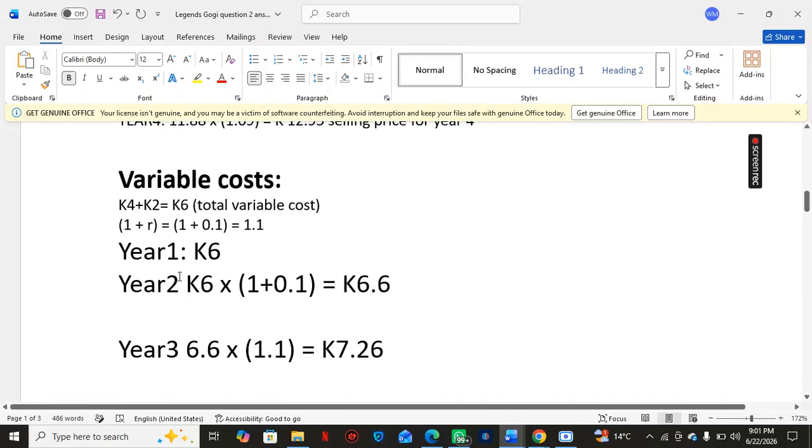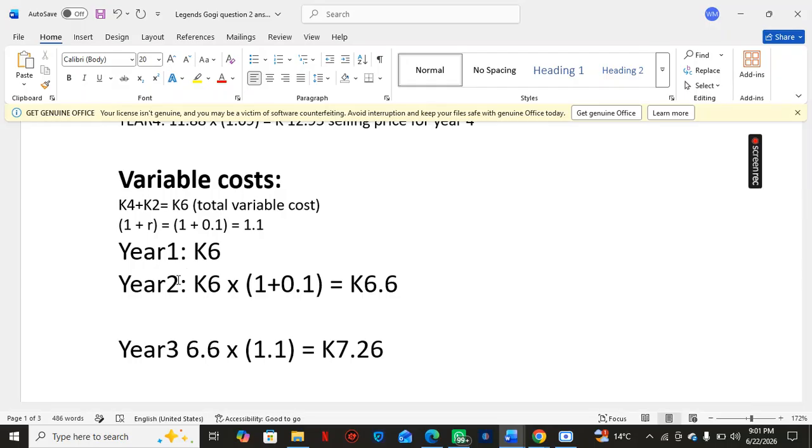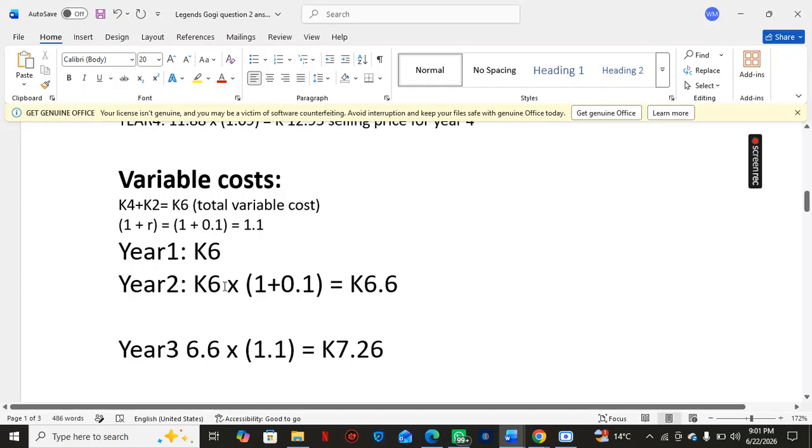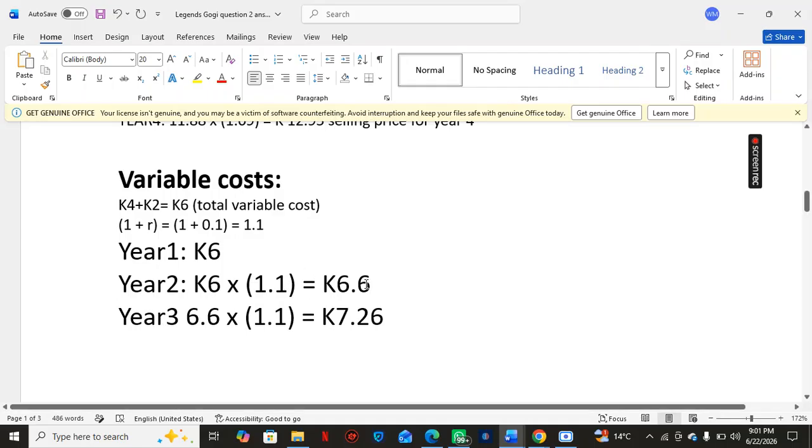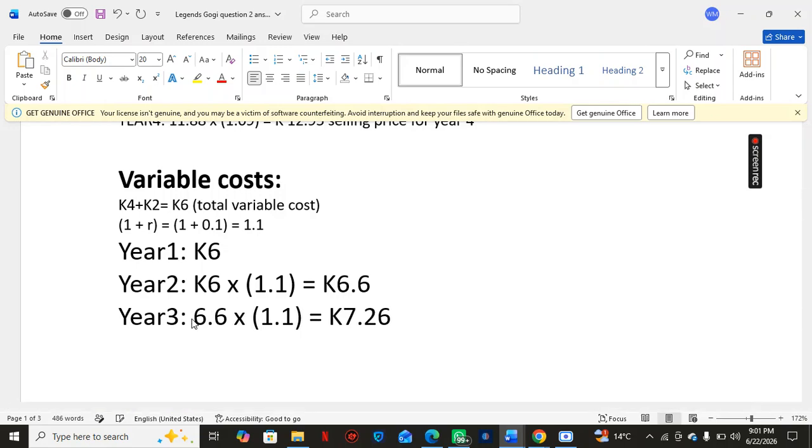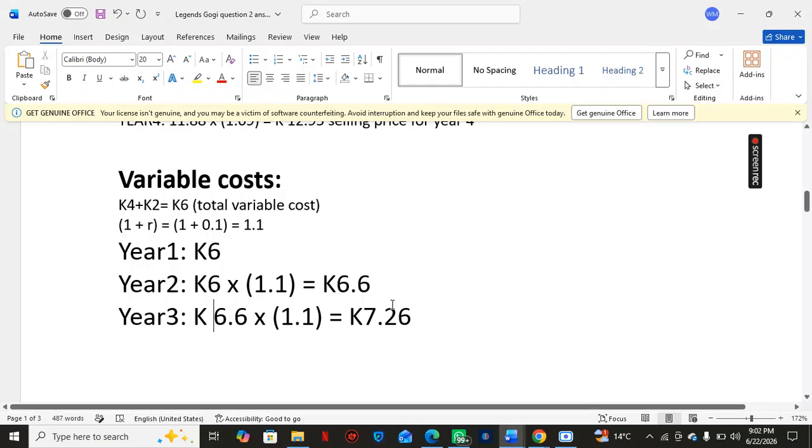All right, so in year 1, variable costs are 6 kwacha. Year 2, we're going to say 6 multiplied by 1.1. That gives us 6.6. That is the variable cost for year 2. Year 3, 6.6 multiplied by 1.1 gives us 7.26.